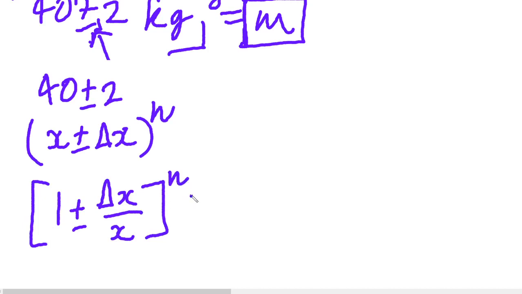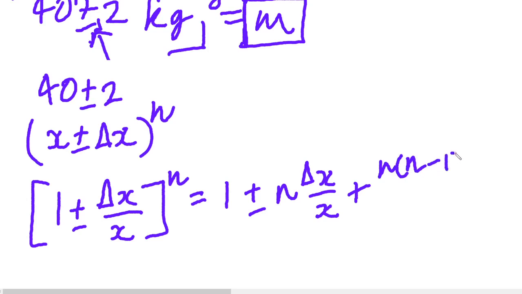And if you raise this to the power of n, you will find that it's 1 plus or minus n delta x over x, and then plus n times n minus 1 over 2 times delta x over x squared.